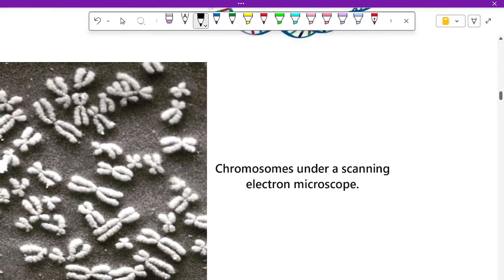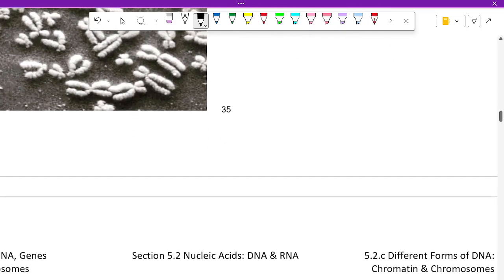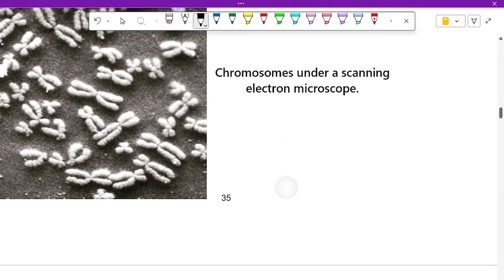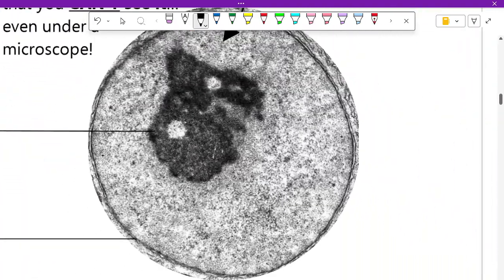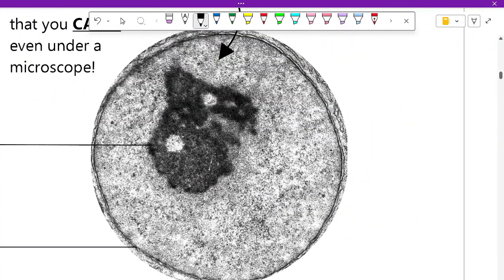And here are some actual chromosomes under a scanning electron microscope, and they really actually do look like little X's. Okay, that's pretty amazing. But remember, what did it look like before they were all coiled up? Let's go back and look. There's our nucleus. What do you see? Nothing. Just nothing.